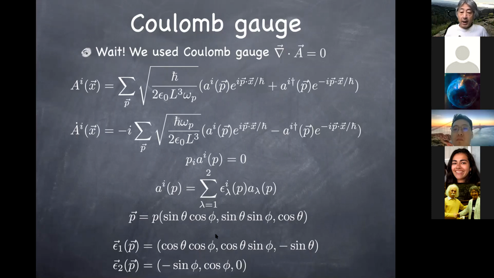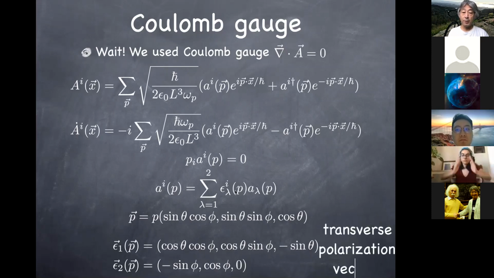So there are two well-known choices for the polarization vectors, linear versus circular. But in principle, there's an infinite number of choices for the basis vectors. So you basically pick whatever you like, to make sure that the two vectors are orthonormal and perpendicular to the direction of the momentum. So that's what we did over here.